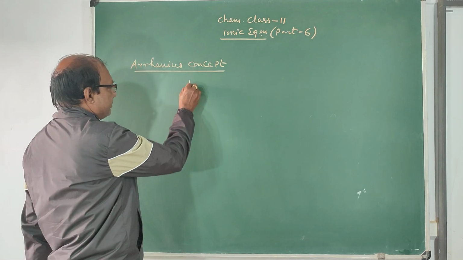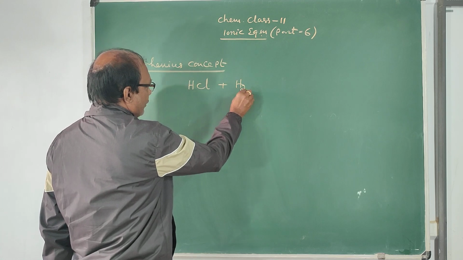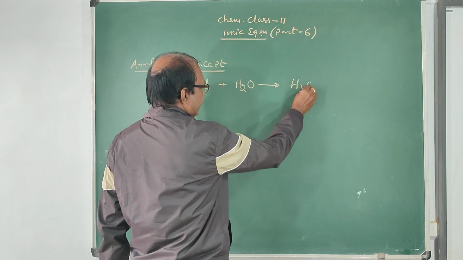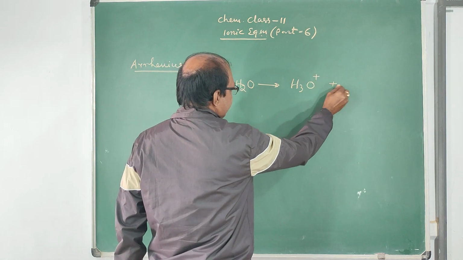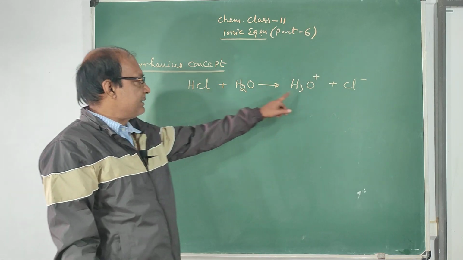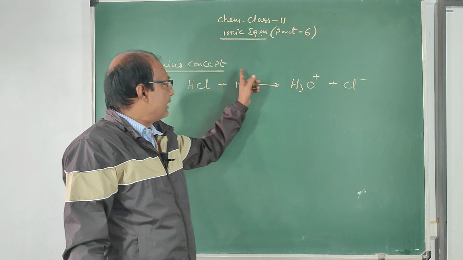For example, hydrochloric acid, HCl plus H2O, dissociates to form H3O+ and Cl-. Acid is a substance which furnishes hydronium ion in aqueous medium, according to Arrhenius.